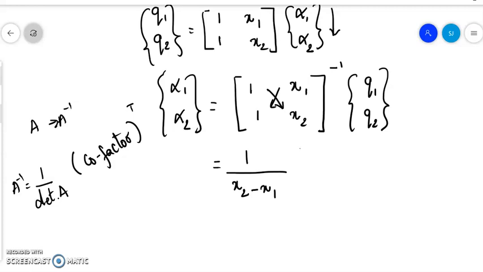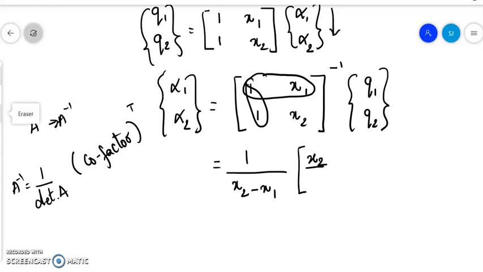Now the cofactor, this is how we find out the cofactor. To find the cofactor of the first row and first column, I have to cover this row and column. So x2 remains. The cofactor of this place is x2. I request you all to revise cofactor and transpose and all these things. The signs have to be plus, minus, minus, plus.